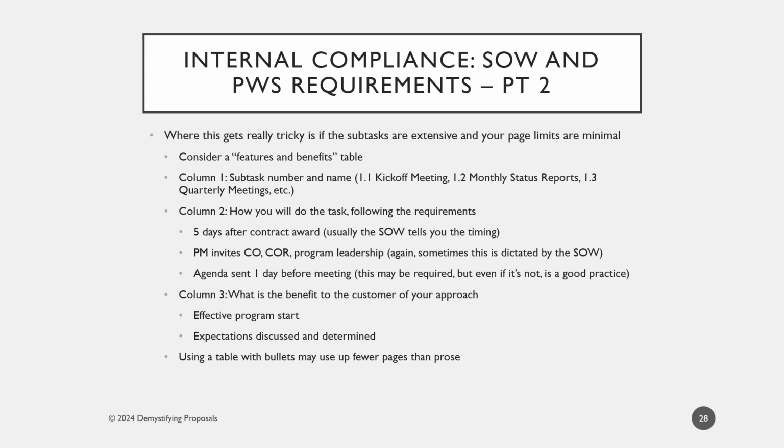Where this gets really tricky is if the subtasks are extensive and your page limits are minimal. So that's a place where you might consider a features and benefits table or some other kind of table where you include the subtasks in one column, what you're going to do, the features in the second column, and then a third column that would be benefits of how you're doing the work that are benefits to the customer.